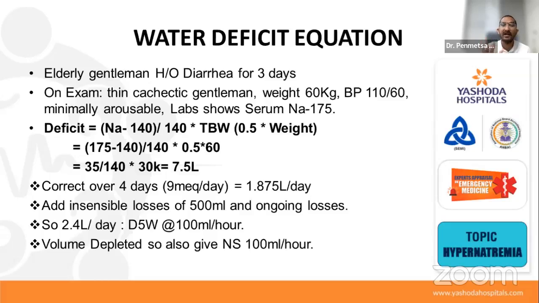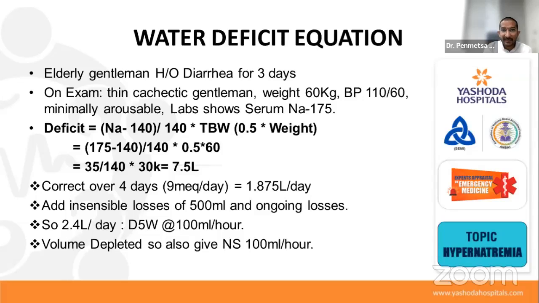So our guideline is we are not supposed to correct it more than 10 per day. So in 24 hours, if you calculate 3 ml per kg into 10 in 24 hours, and divide it per hour, it will come to around 1.35 ml per kg per hour. So for any patient with chronic hypernatremia, blindly, you can start off correcting at this rate.